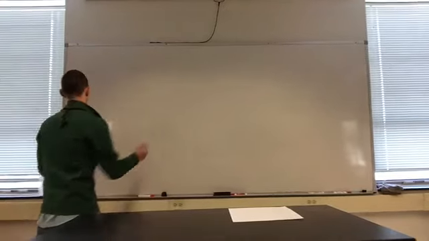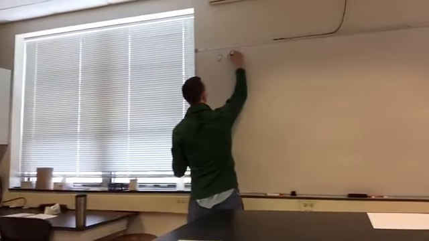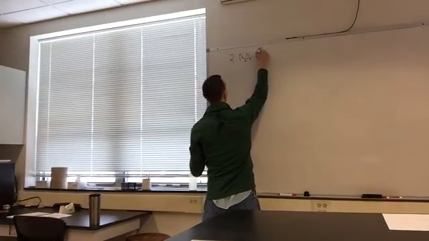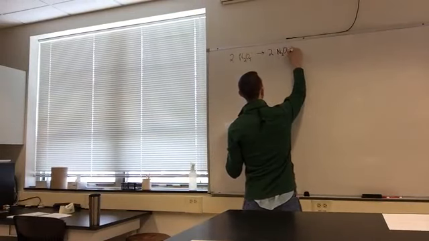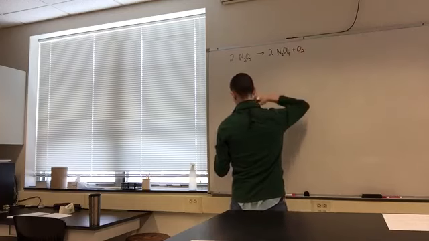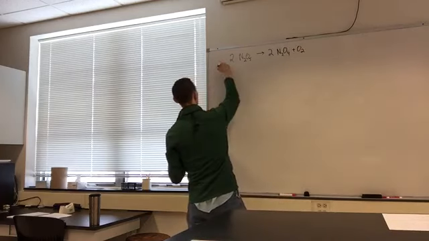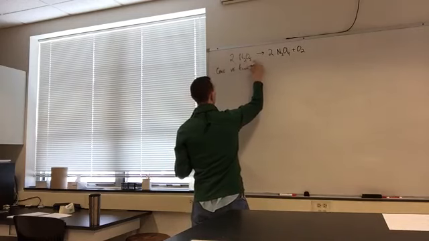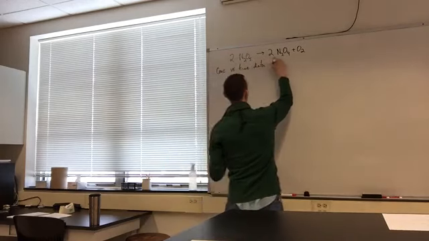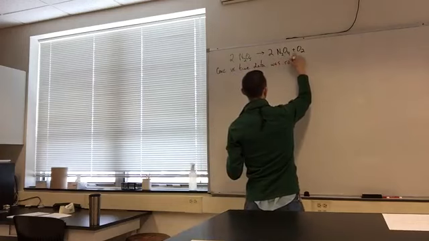this next one here. 2 N2O5 produce 2 moles of N2O4 plus O2. Concentration versus time data was collected for this reaction.